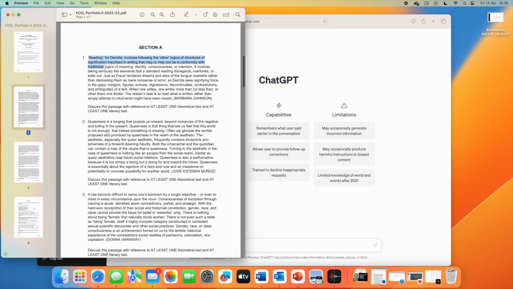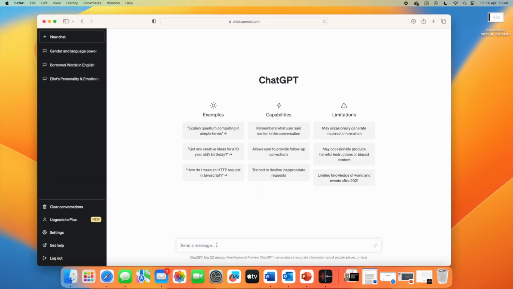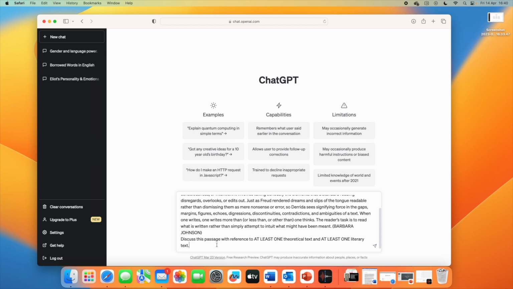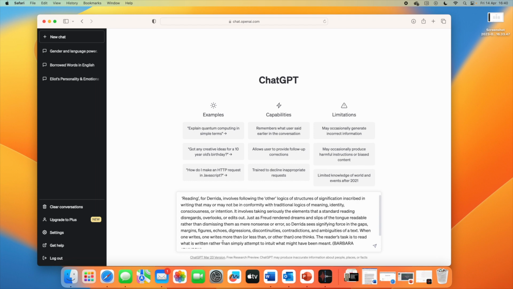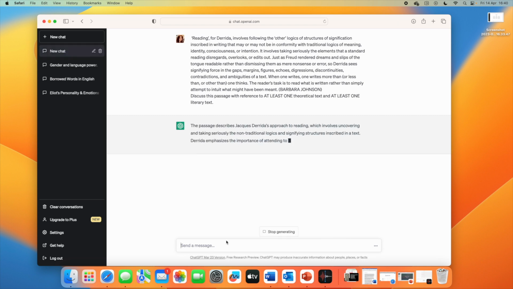So essentially, if we look at this first question here, I'm just going to copy that across. And I'm going to pop that question in its entirety into the chatbot and see what comes up here.